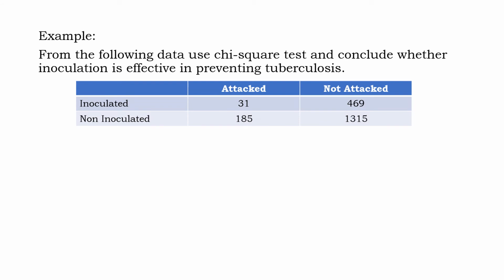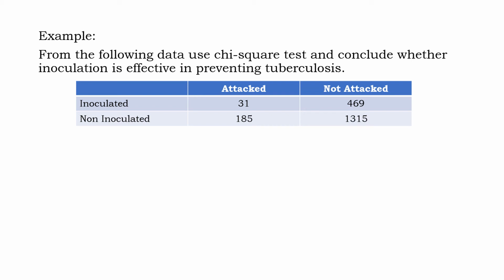The data is given. Among the inoculated people, that is, people who got vaccinated, 31 got tuberculosis and 469 didn't get it. And among the persons who are not inoculated, 185 were attacked with TB and 1315 did not get tuberculosis.